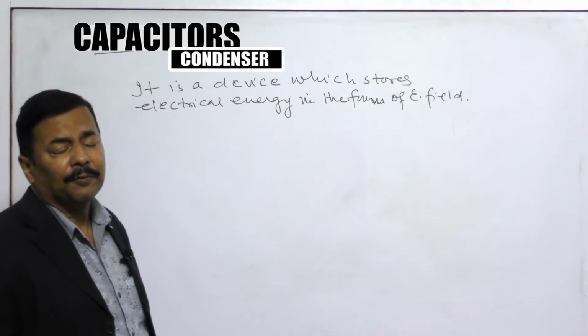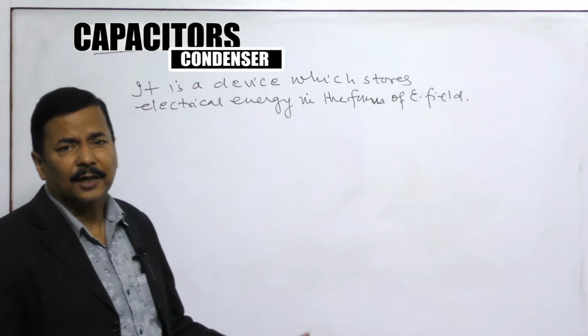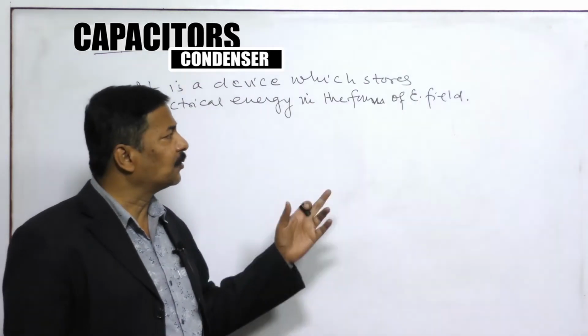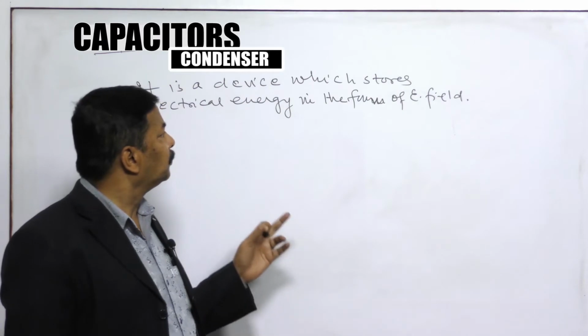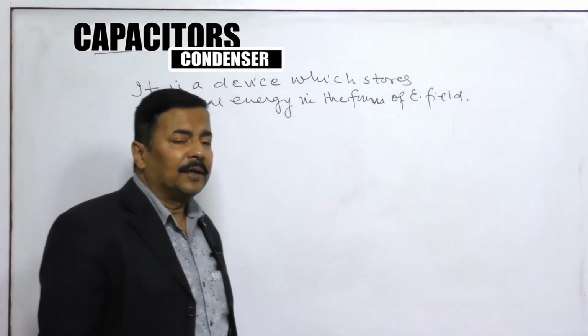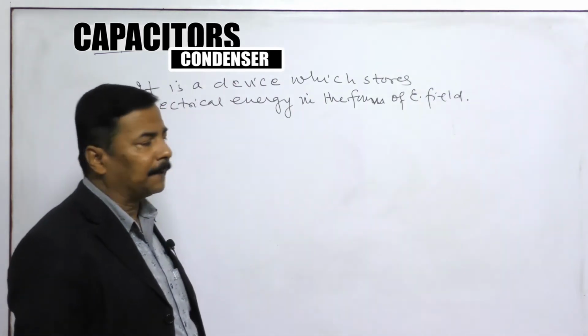For electric field we need charge, so charge is also required. So that means it is basically storing the charge, keeping the charge, and that charge gives the electric field, and in return we are getting the electrical energy. This is the basic definition of a capacitor.